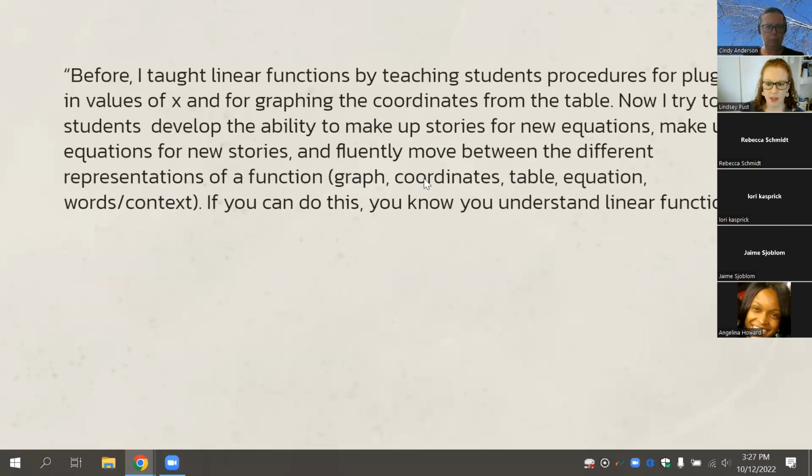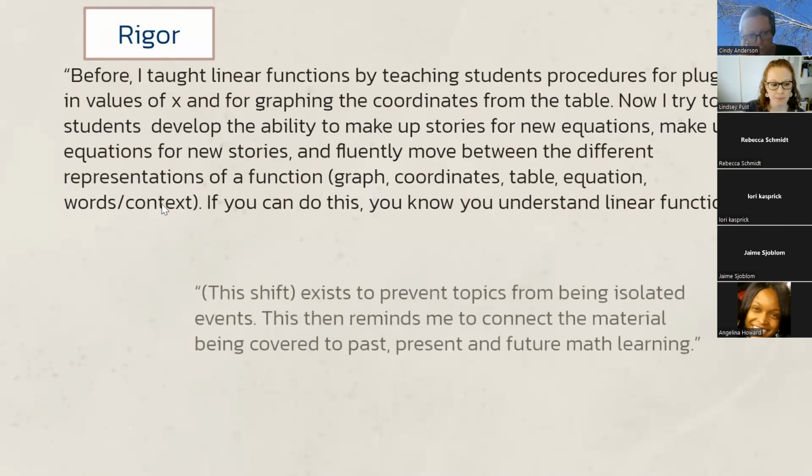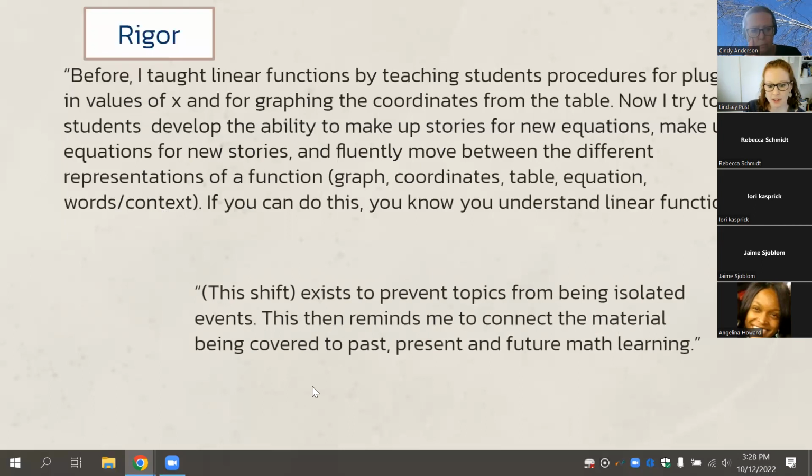This one, moving between different representations of a function: graph, coordinates, table, equations, words, context. This is another one describing rigor, like multiple representations, really making connections about the why, and giving some fluency. This one, preventing topics from being isolated incidents, which is again a lot of how I was taught.